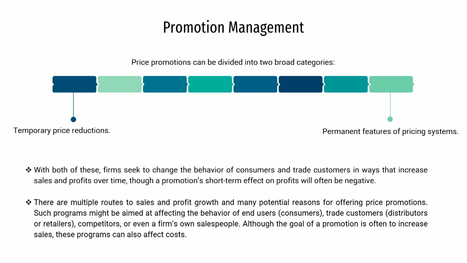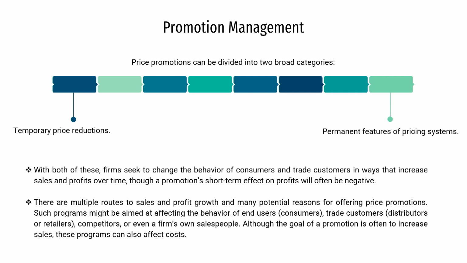On the other hand, permanent features of pricing systems basically refers to the value proposition that is portrayed by the organization at any level of pricing decisions, whether the business is on deal or whether the company is selling the product on its listed price.